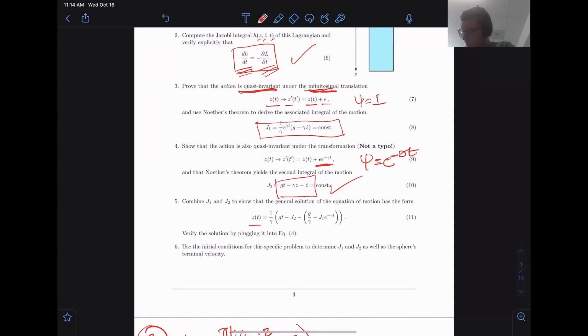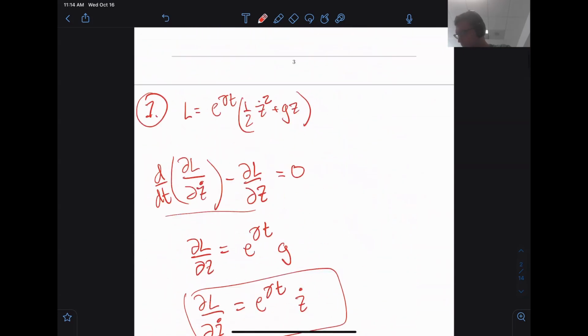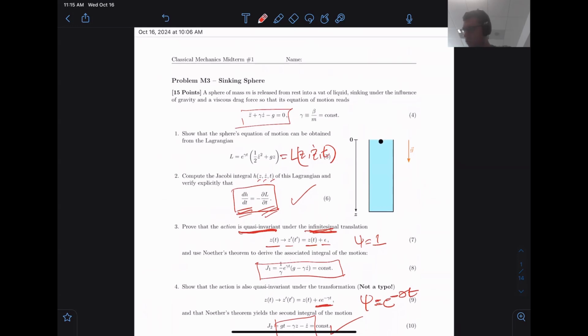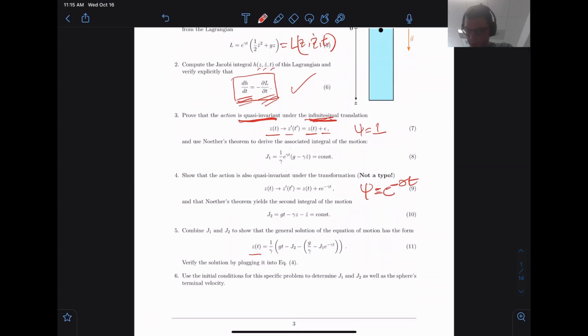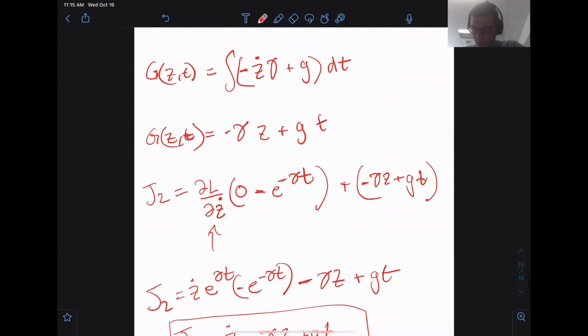So, just solve J2. I'm going to rewrite J1 down there. Oh, I forgot already what it was.